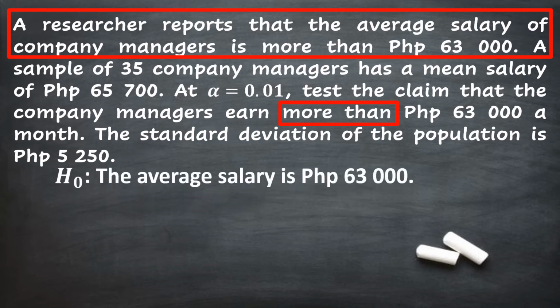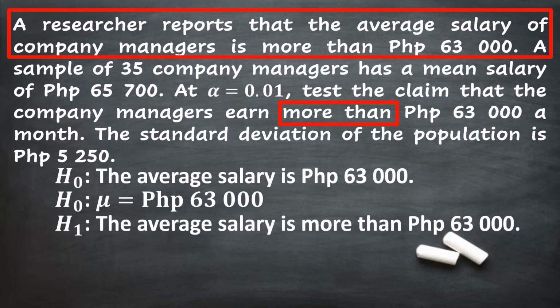That's why our null hypothesis is the average salary is 63,000 pesos, or you can write it as the average salary of company managers is 63,000 pesos. For the mathematical statement of the null hypothesis, we have population mean is equal to 63,000 pesos.